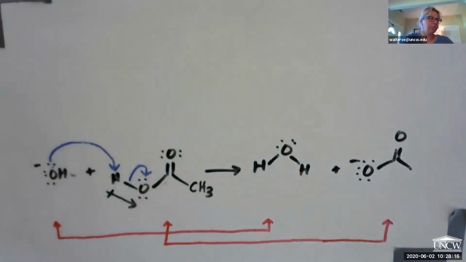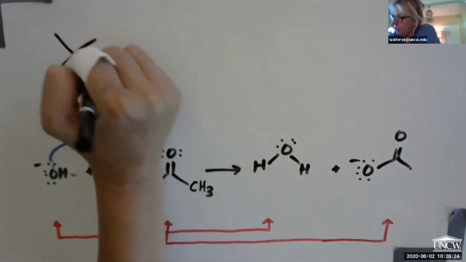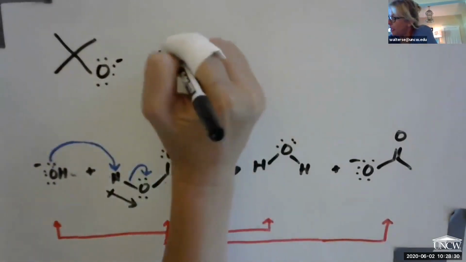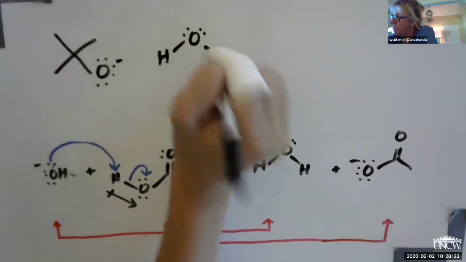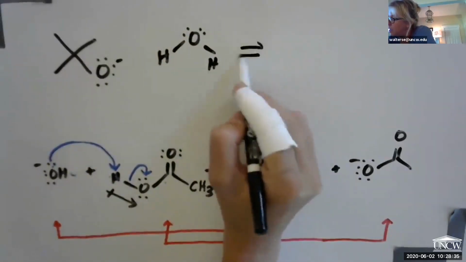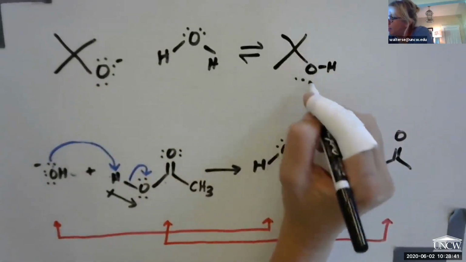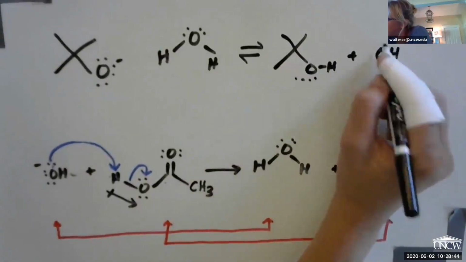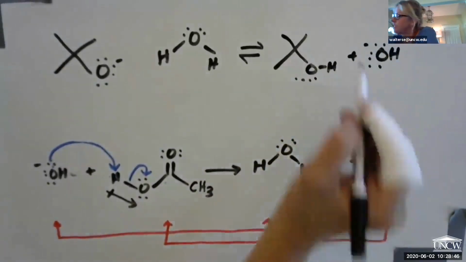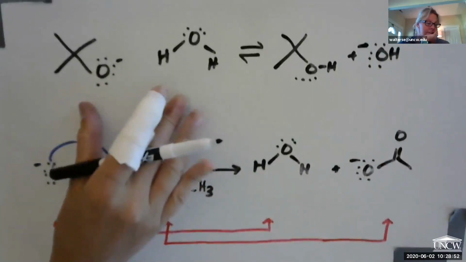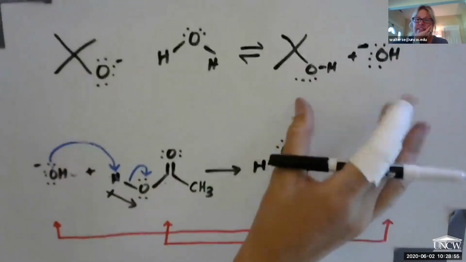And what I want you to do is take this compound and this one, and I want you to make this and that. Oops, that's a negative. And what I want you to do is draw arrows on this side that will form these products.